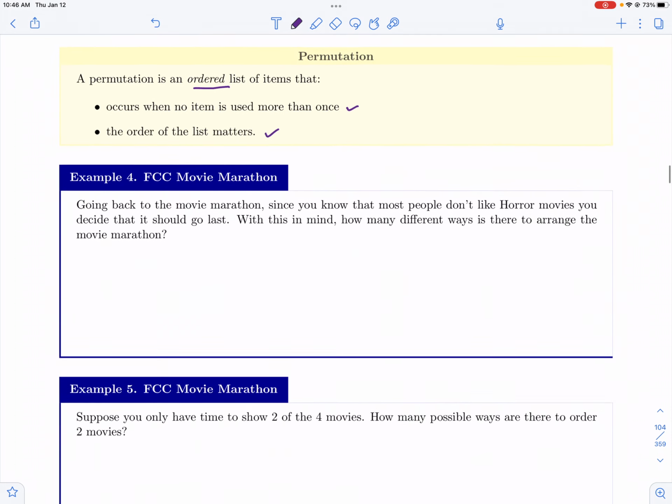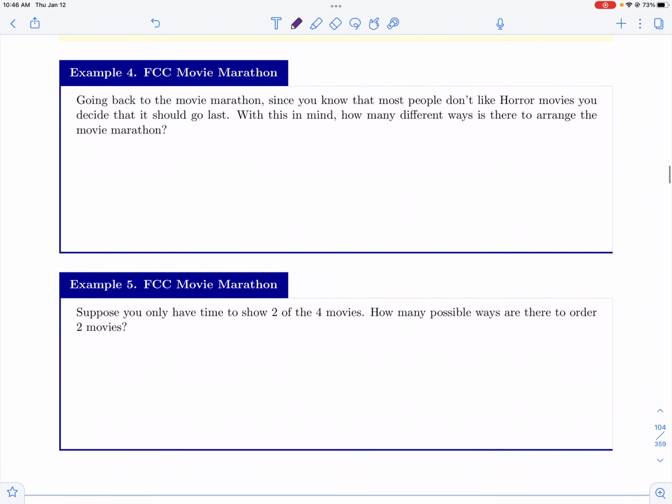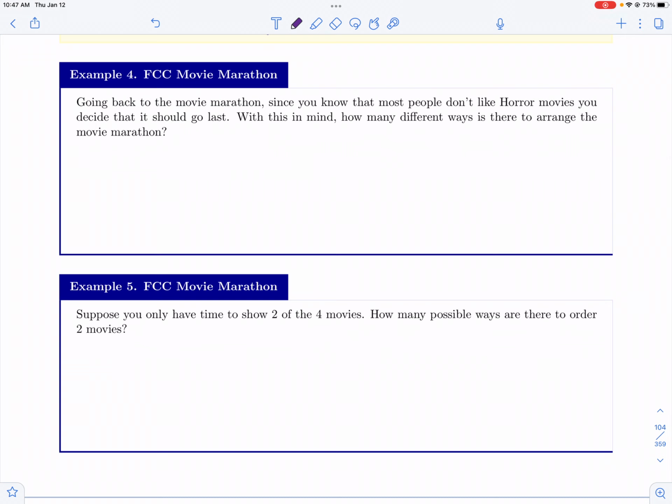All right, so let's look at example 4 real quick. If we go back to the movie marathon, we know that most people don't like horror movies, so we decide that we're going to put it in the last spot. With that in mind, how many different ways are there to arrange the other movies? Let's lay out our 4 time slots. We know we want the horror movie to start at midnight, so let's put an H for horror in there because we know it has to go there.